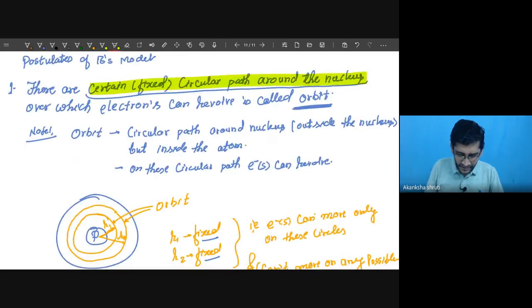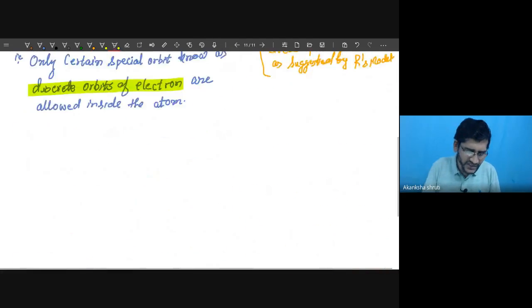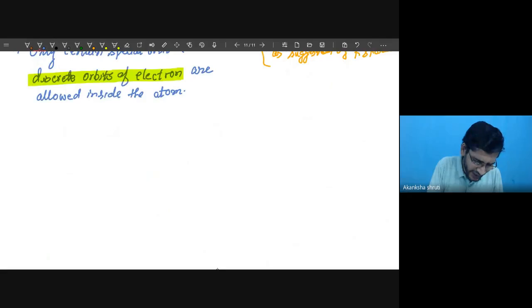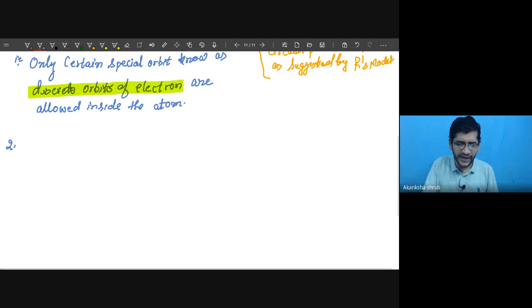Another notable feature was regarding the loss of energy of the electron. When one charge moves around another charge, it loses energy. Regarding that, Niels Bohr gave his second postulate. It was this one: while revolving in a discrete orbit, the electrons are neither gaining nor losing any energy.